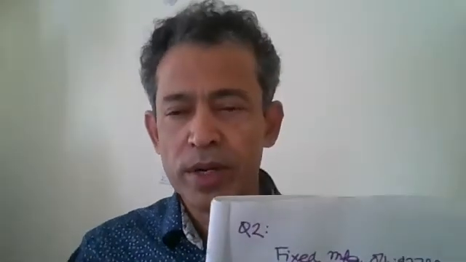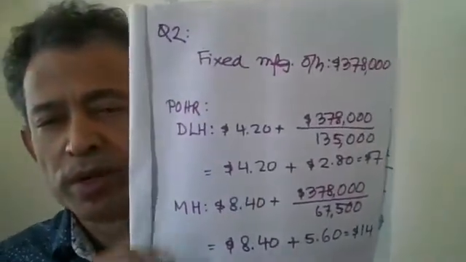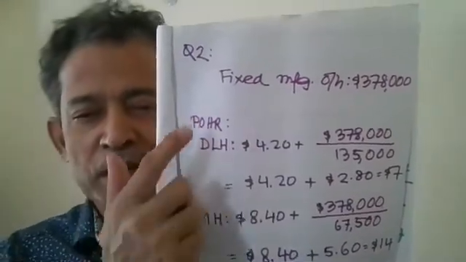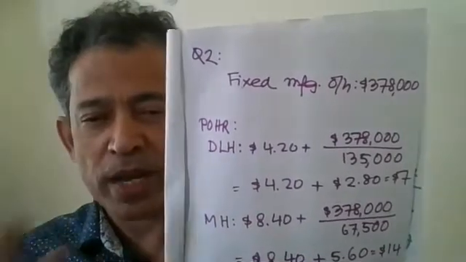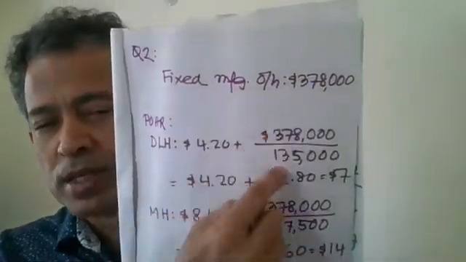Let me show you how you need to do it. You can see here, our fixed manufacturing overhead. Let's take a look. How do you calculate it? The predetermined overhead rate, POHR, we're going to use. The predetermined overhead rate means variable and fixed together. Per direct labor hour, it is the variable rate plus the fixed rate.